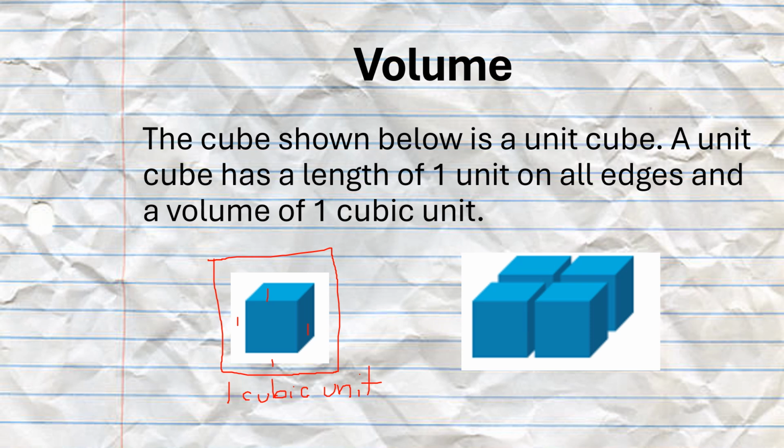So looking at the figure on the right, imagine you have these 4 cubes shown in this figure. As you can see here, there are 4 unit cubes in the figure. So this is 1, 2, 3, 4. Therefore, its volume is 4 cubic units.